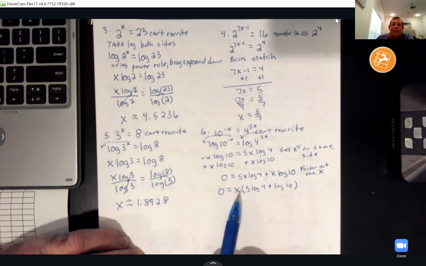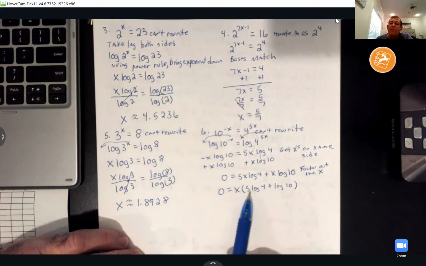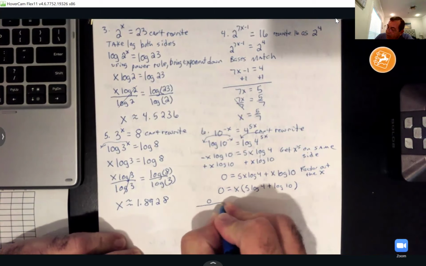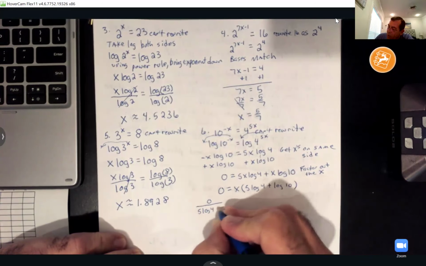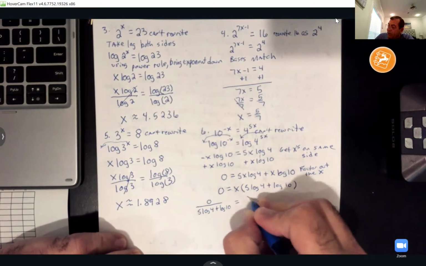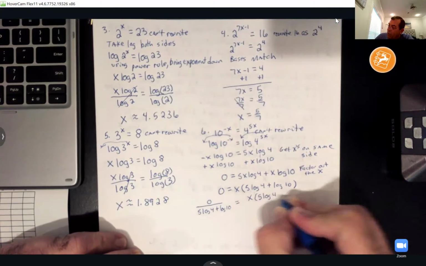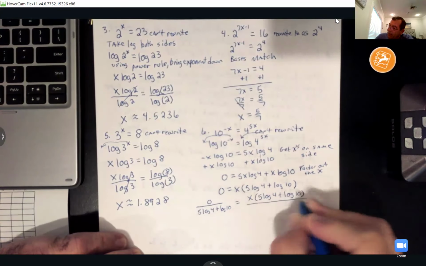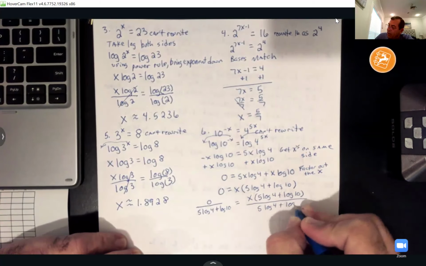All right, now look at this. This x is being multiplied by the parentheses. So we're going to divide both sides by the parentheses. So this is still a 0 divided by the parentheses, 5 log 4 plus log 10. That'll equal the right side: x times 5 log 4 plus the log 10 divided by the 5 log 4 plus log 10.